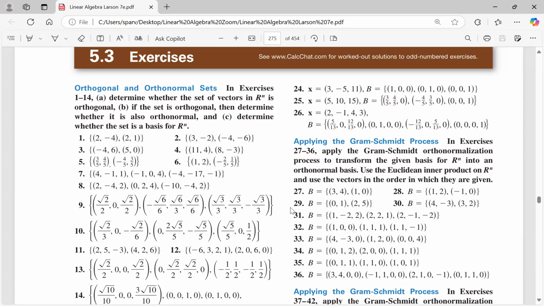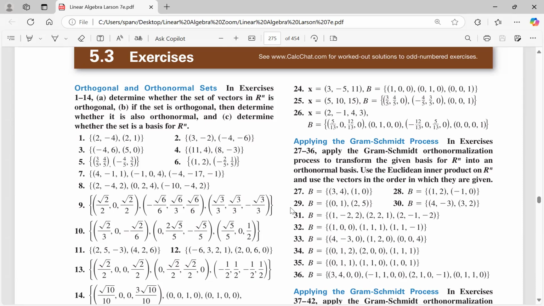This is in R3, we have root 2 over 3, 0, negative root 2 over 6. The second vector is 0, 2 root 5 over 5, and negative root 5 over 5. And the last vector is root 5 over 5, comma 0, comma a half.